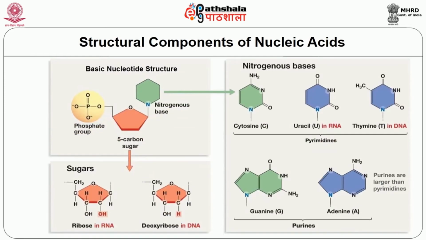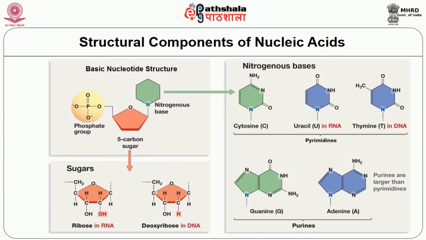Both DNA and RNA contain two major purine bases and two major pyrimidine bases. The purine bases in both DNA and RNA are the same, namely adenine, shortly denoted as capital A, and guanine as capital G. In both DNA and RNA, one of the pyrimidines is cytosine, denoted by a capital C. But the second major pyrimidine is not the same in DNA and RNA.